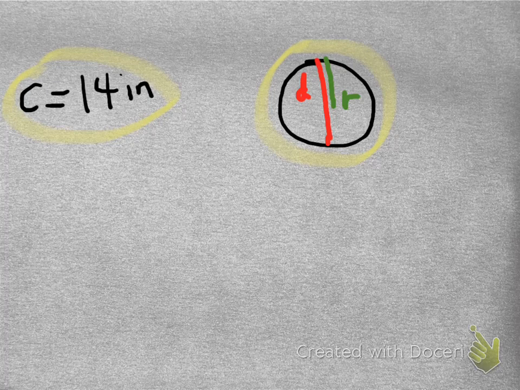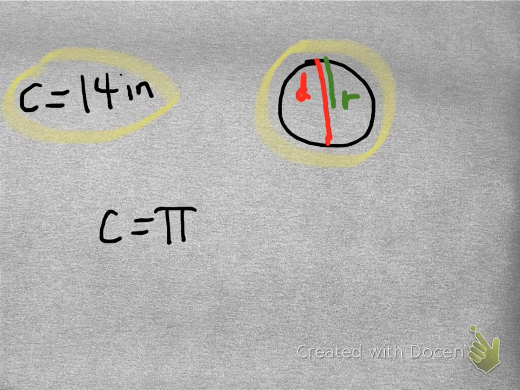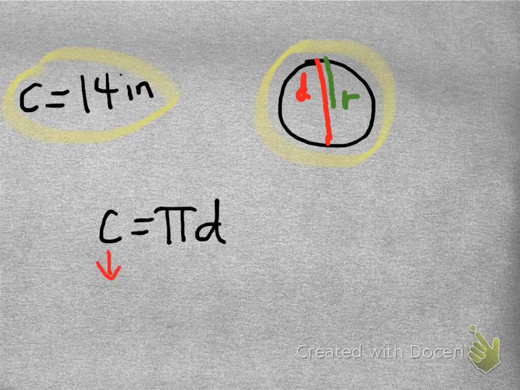And so what we do here, we're going to use the formula again, which is C equals pi times D, and we just plug in the numbers. In this case, we know what C stands for, but we don't know what D stands for, so we're going to have to solve for D. So C equals 14 because we already know the circumference measurement. And remember, pi is about 3.14 times D.